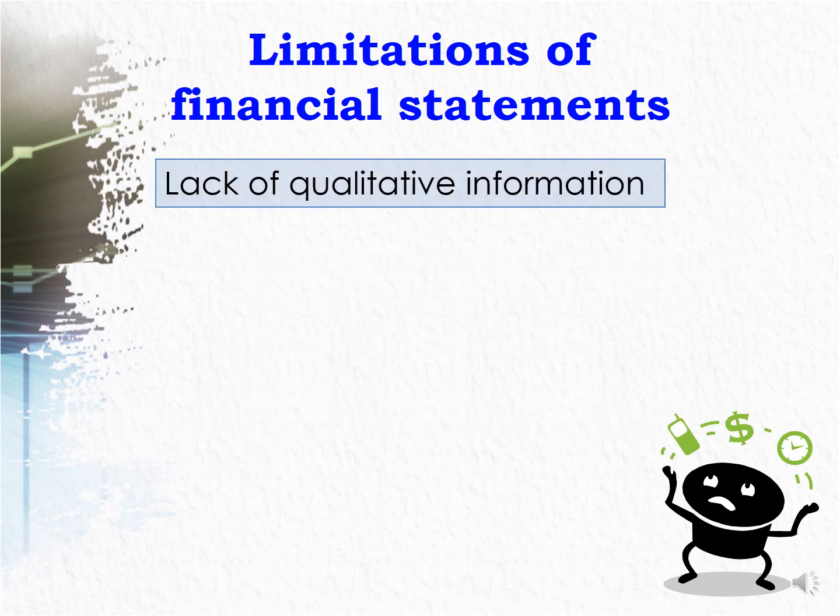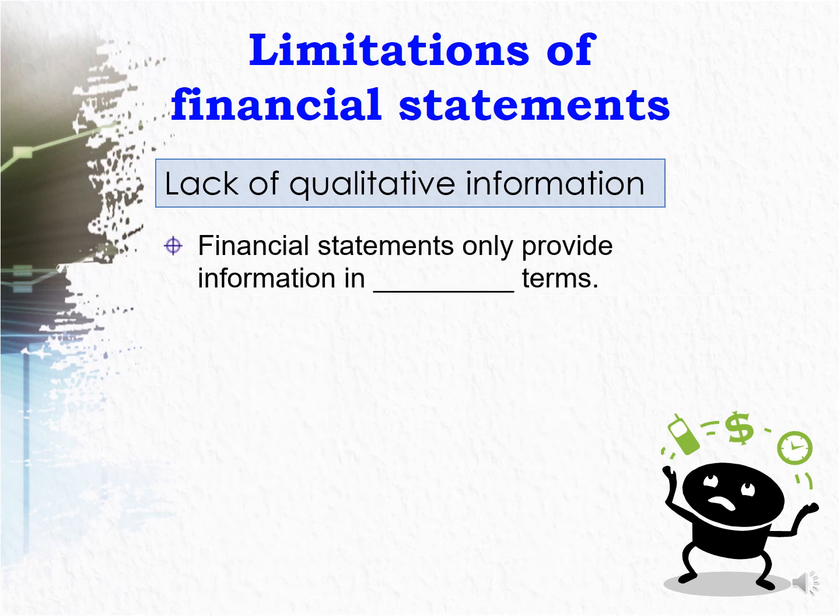And also the limitation is the lack of qualitative information. The financial statement only provides information in monetary terms, so that means in terms of money. All the transactions in terms of money will be recorded in the financial statement.